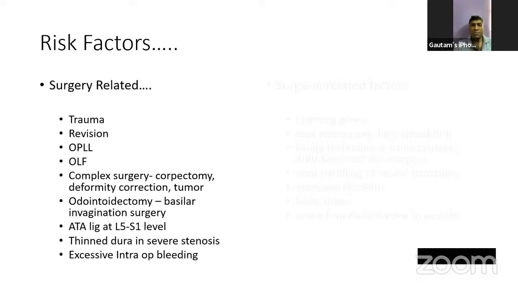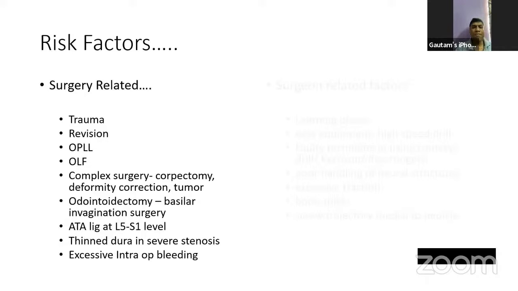Having said so, even in the commonest surgery that we do, that is lumbar decompression, at times we encounter thin fibers or fine ligaments which are attached to the dura and the overlying ligamentum flavum. One such ligament, which is usually seen at L5-S1, is called the Trolard's attachment ligament.